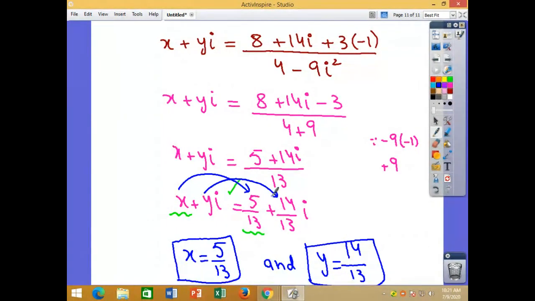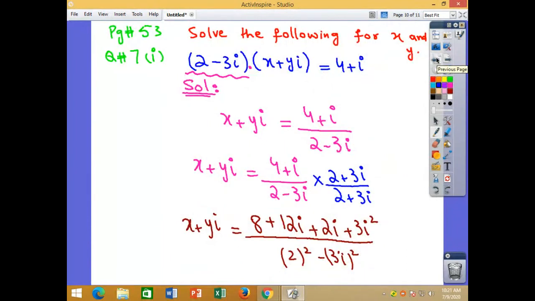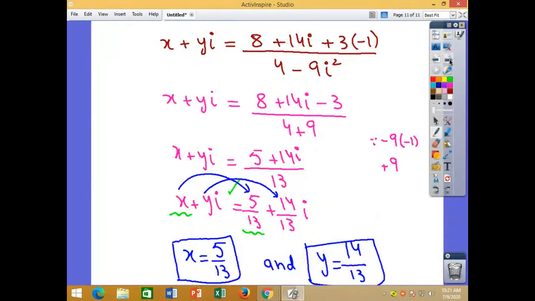Now in this, I simply simplified the previous step. Here you see, first of all write here 8, 12 iota and 2 iota becomes 14 iota. Here 3, and instead of iota square we only write negative 1.